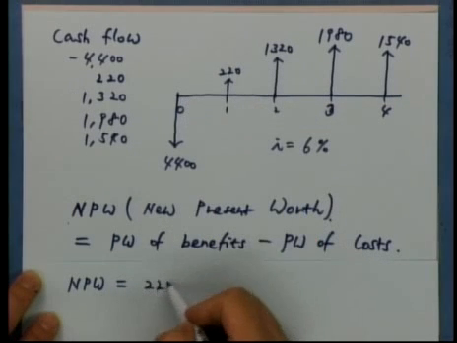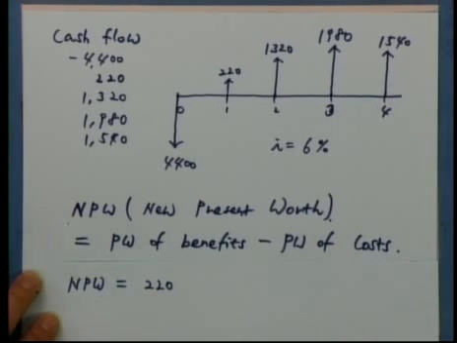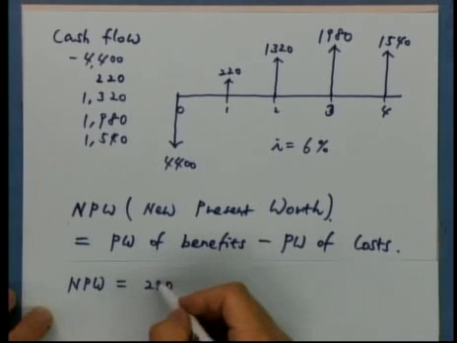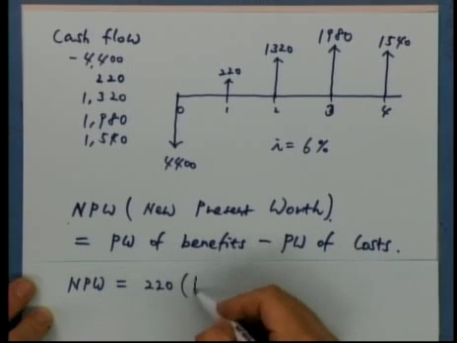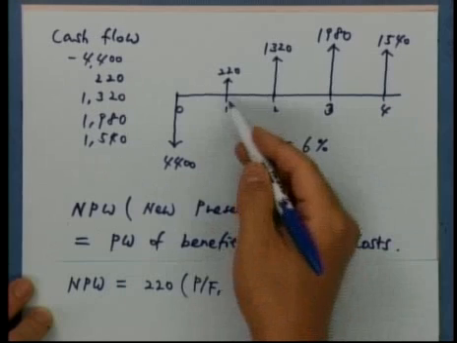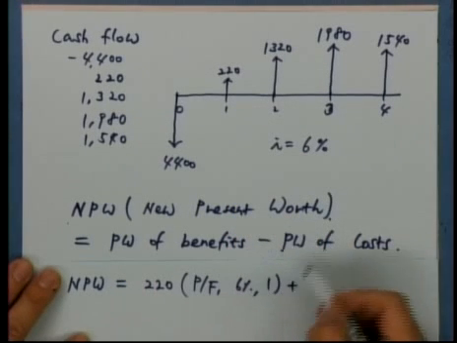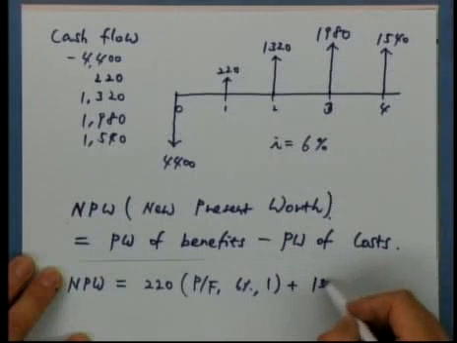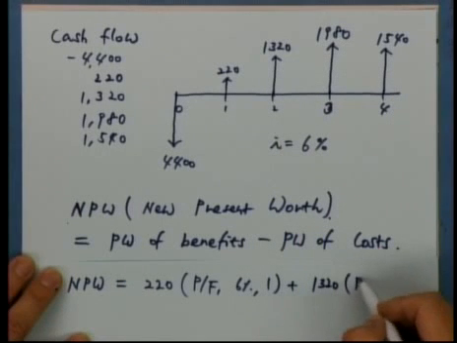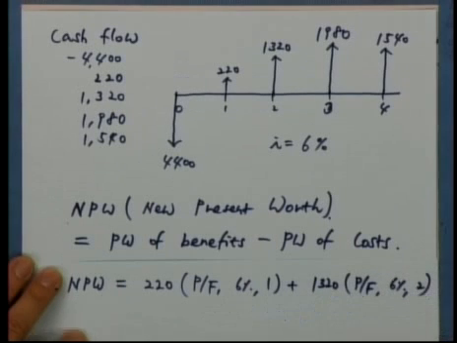So 220 times P given F, 6% over 1 period. And then 1320 P given F, 6% over 2 periods.